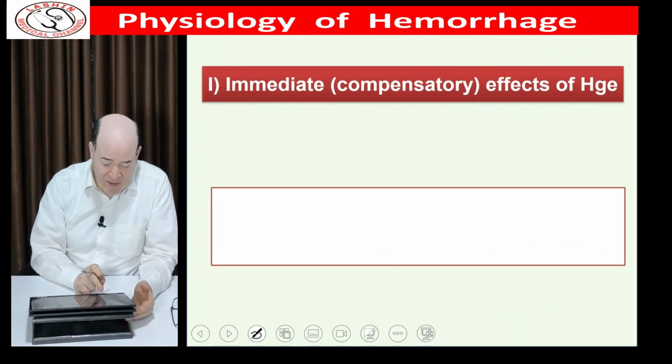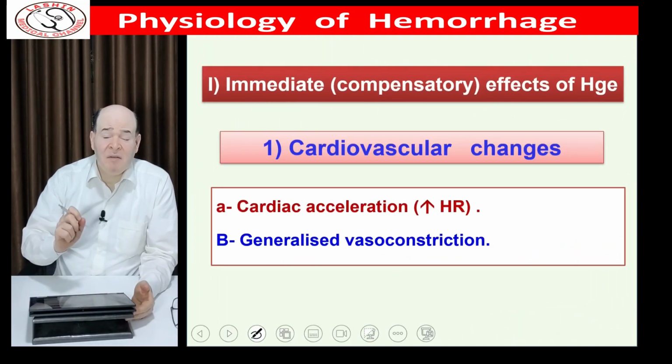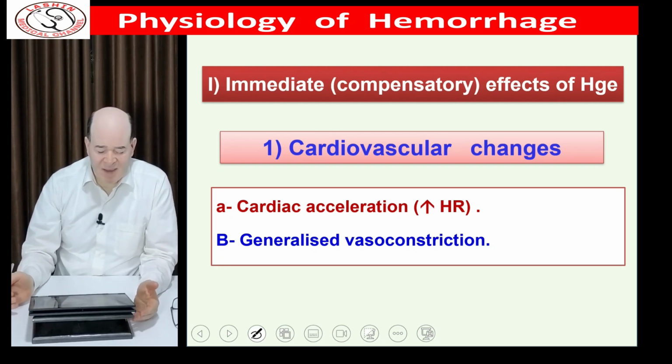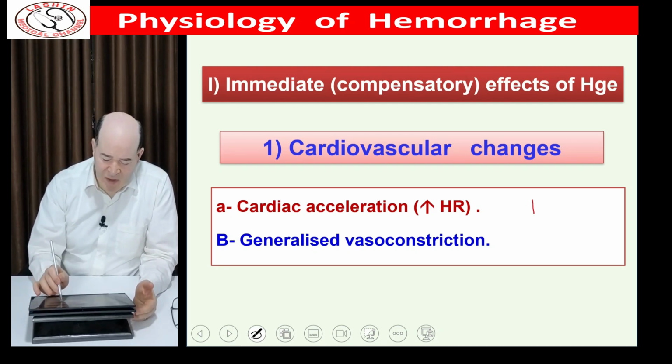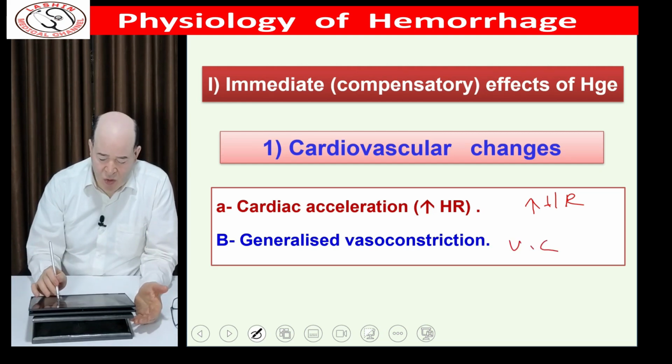Regarding the immediate effects, first, in the cardiovascular system, we have very rapid responses which aim to maintain the arterial blood pressure. First, increase in the heart rate. The heart acceleration tries to increase cardiac output and increase blood pressure. Vasoconstriction.